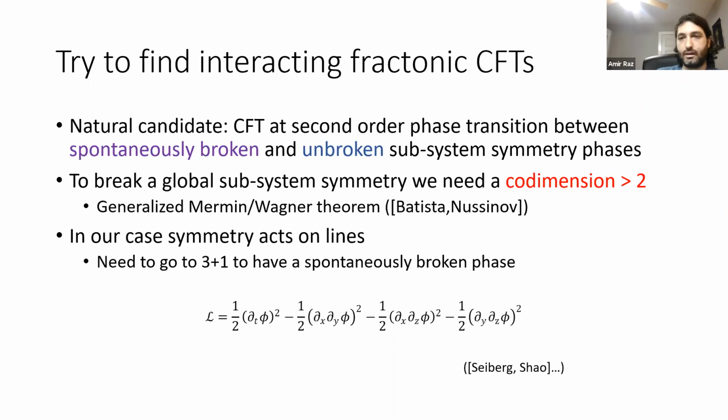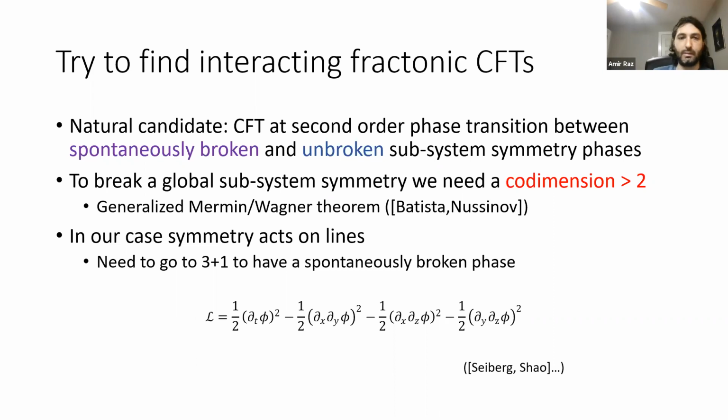And you can try to do something very similar where you have a discrete subsystem symmetry, and then you can do it in 2+1 dimensions. We were just trying to build up on these theories that have a U(1) transition.